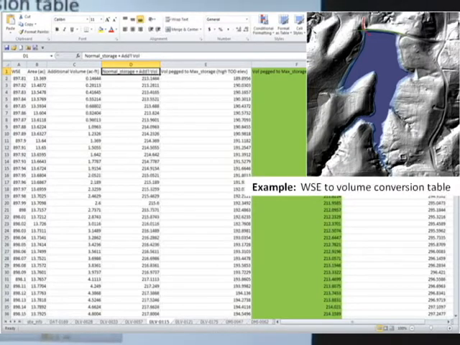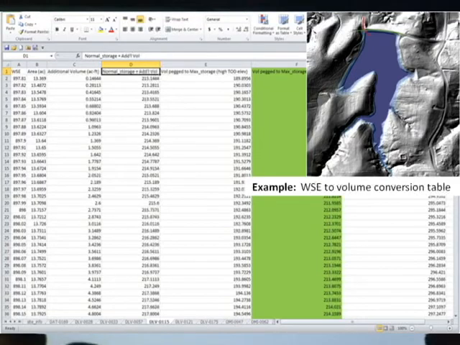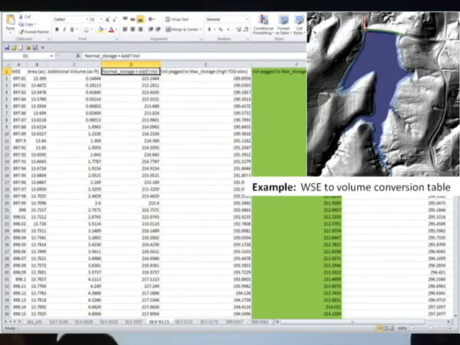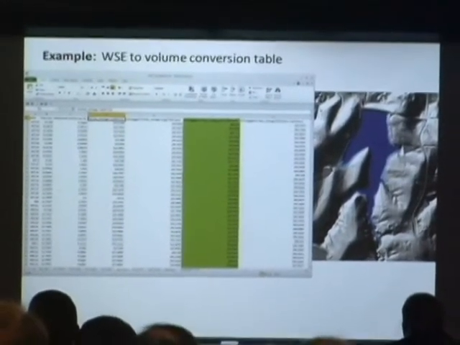And then we have some options as far as tying the maximum storage to the fullest the dam can be, and then working backwards, or starting at the normal storage and claiming what's in the LiDAR. That's what's going on here in this table. So we have many options. We look at them all and pick the one that appears to be the most reasonable.